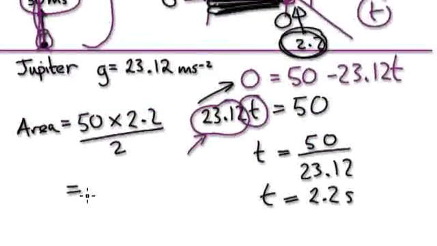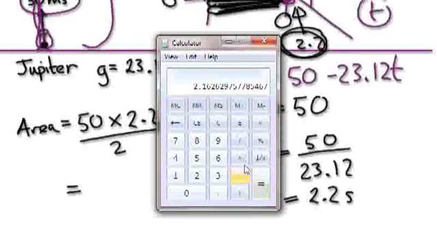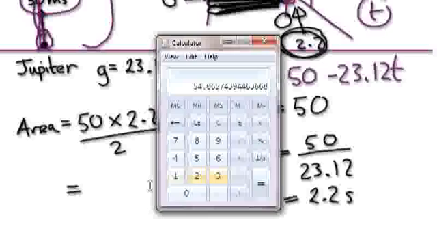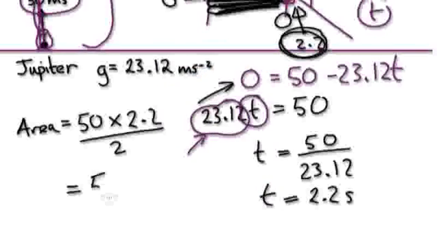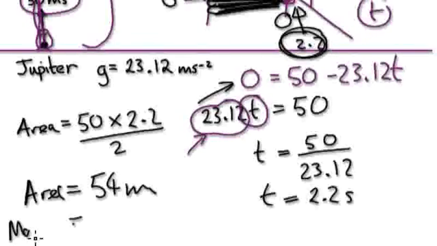So that equals, hang on, calculator, 50 times 2.2 equals that, and then divided by 2 equals 54. Okay, so roughly 54 meters. Well, area here, remember area is also maximum height. So maximum height equals 54 meters.